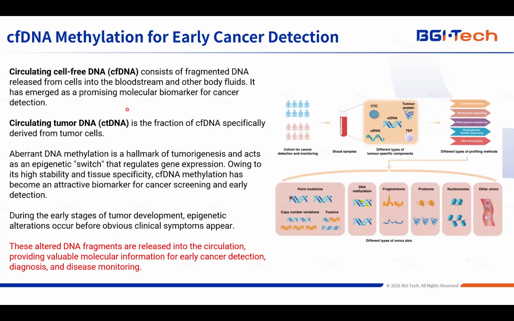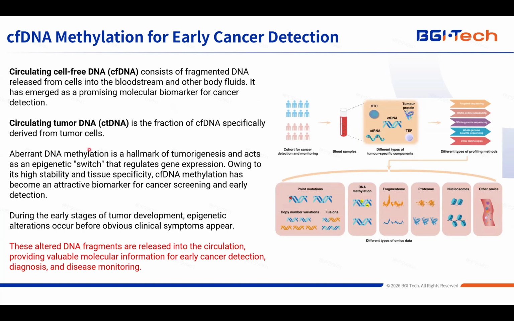So there is a type of DNA in the body called cfDNA, which means circulating cell-free DNA. It consists of fragmented DNA released from cells into the bloodstream and other body fluids, and it has emerged as a promising molecular biomarker for cancer detection.